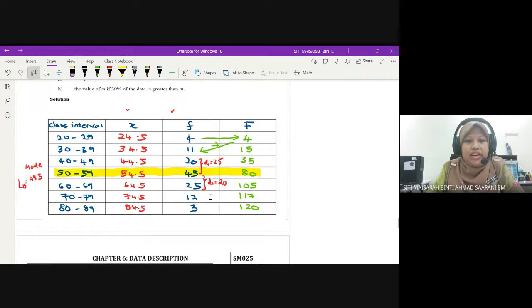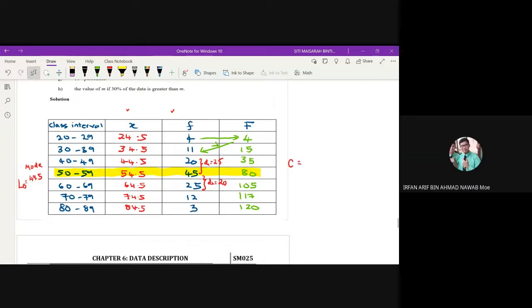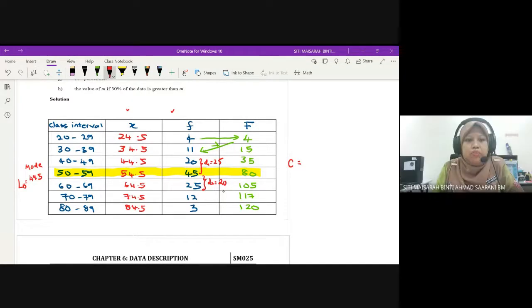Am I correct? D2 is 20? Yes, madam. What is your C? 10. For the fourth row, the lower boundary is 49.5 and the upper boundary is 59.5. So C is 59.5 minus 49.5, which is equal to 10.